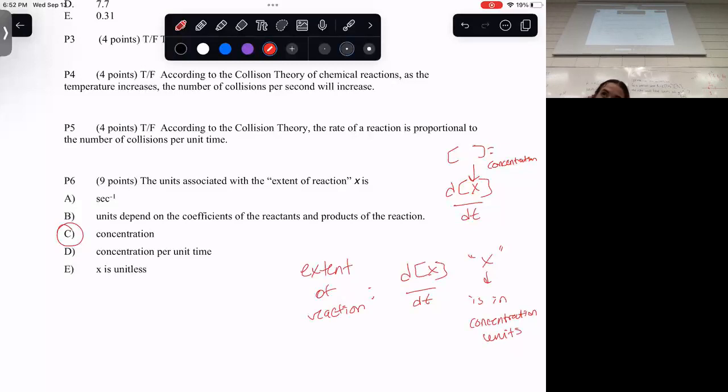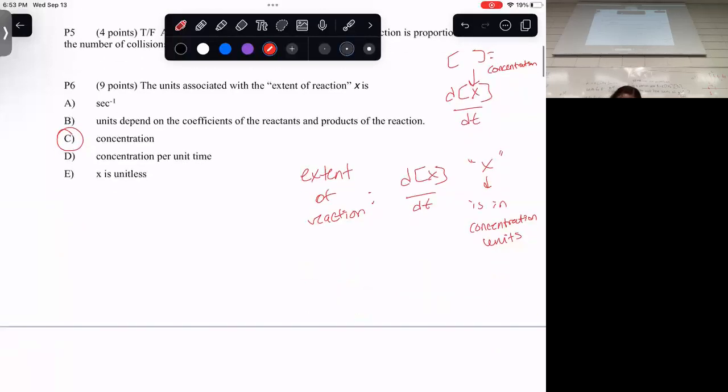Wait, why do you say x is units? My understanding is like 2A plus B goes to 2C plus x. Yes. When it is 2A plus B goes to 2C plus x, it's unitless, because we don't have units in the reaction. Right here, this is where it's unitless.